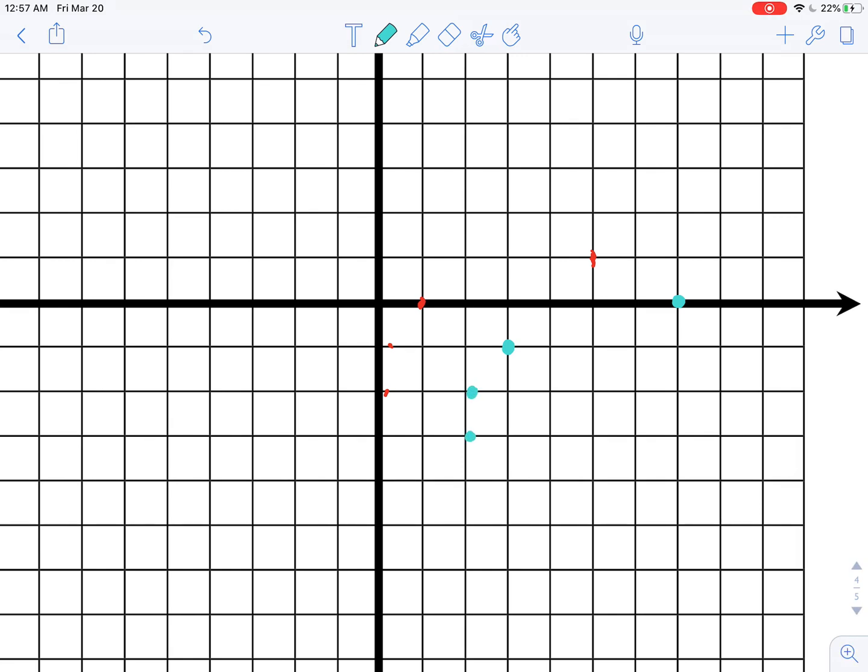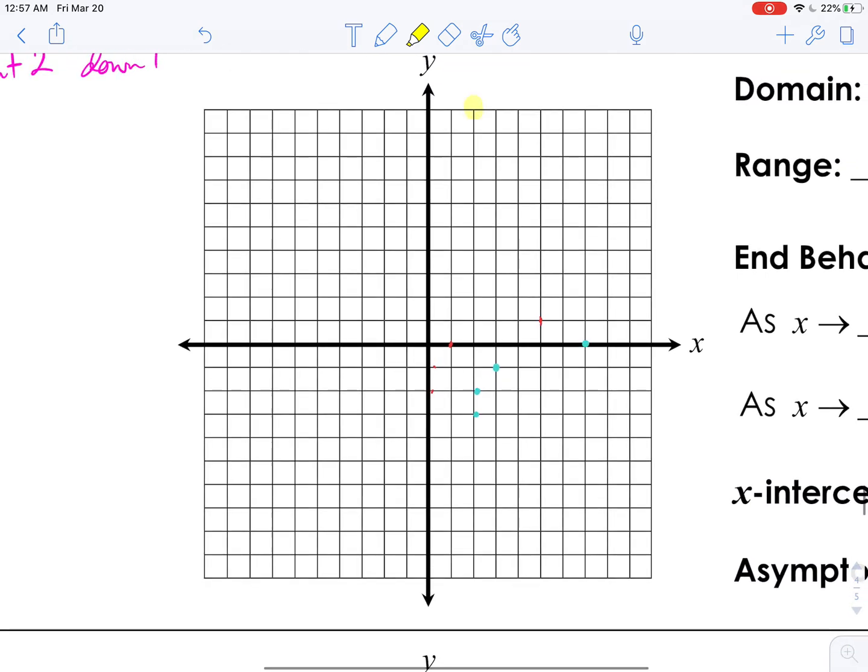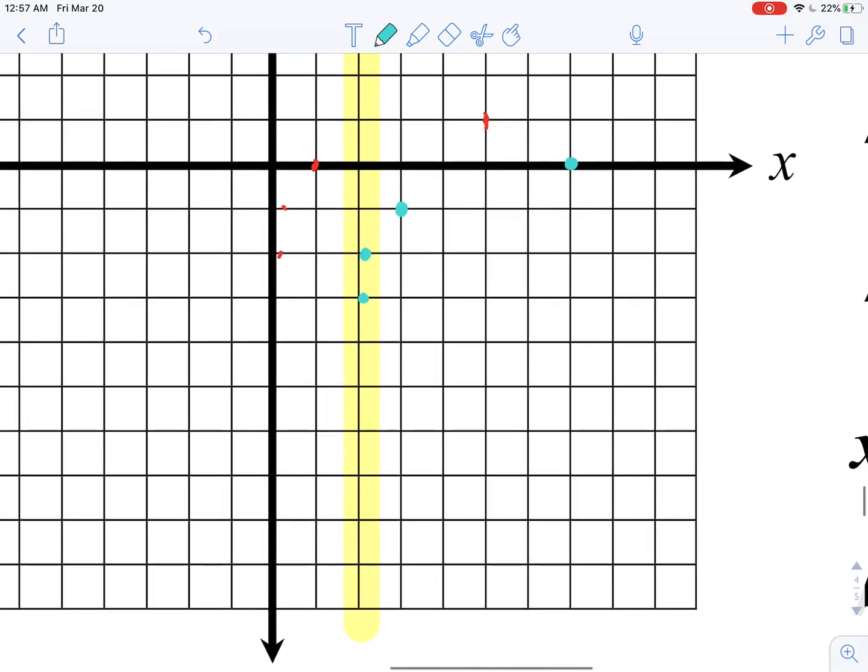Right 2, down 1. We can make some bigger dots. Right 2, down 1. And we went right 2. So we shifted that asymptote right 2. Had a very straight line here. There we go. The magic of the Apple Pencil.